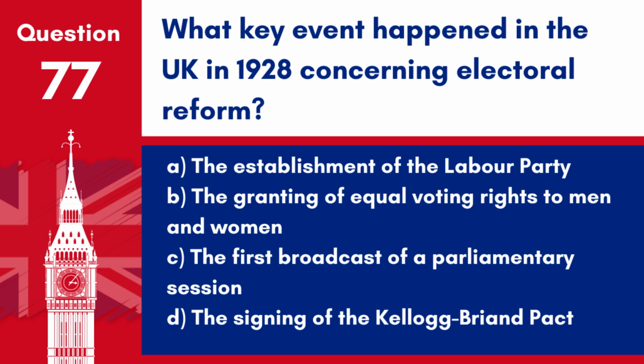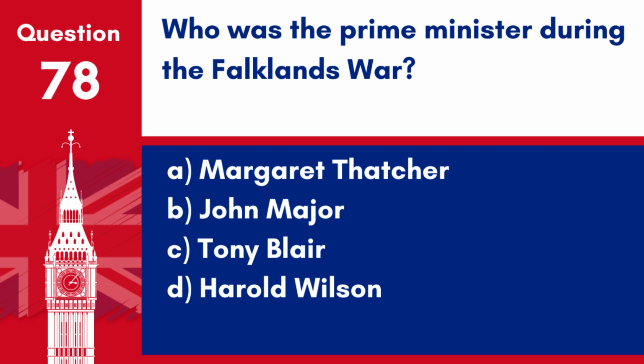D. The signing of the Kellogg-Briand Pact. Answer B. The granting of equal voting rights to men and women. In 1928, the Representation of the People (Equal Franchise) Act granted equal voting rights to men and women over the age of 21.